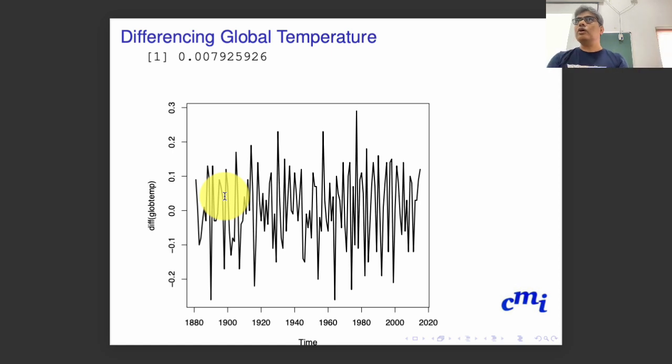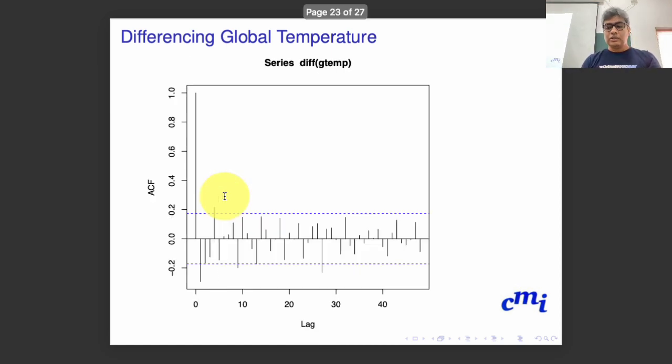So let us look into the autocorrelation function. The first one is obviously 1 because it is with itself. Then the next one is close to something, and the second, third, fourth are something, and the rest of them are very close to zero. The correlation there is very weak.